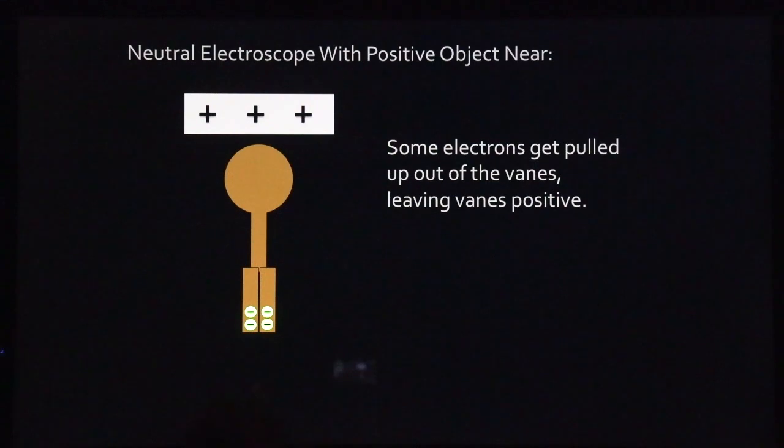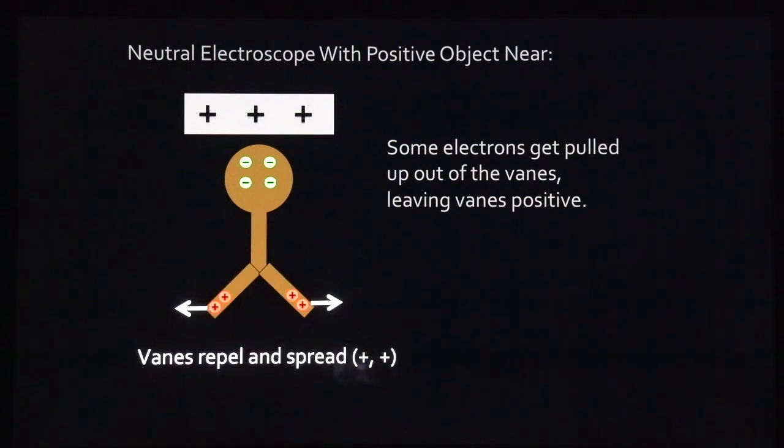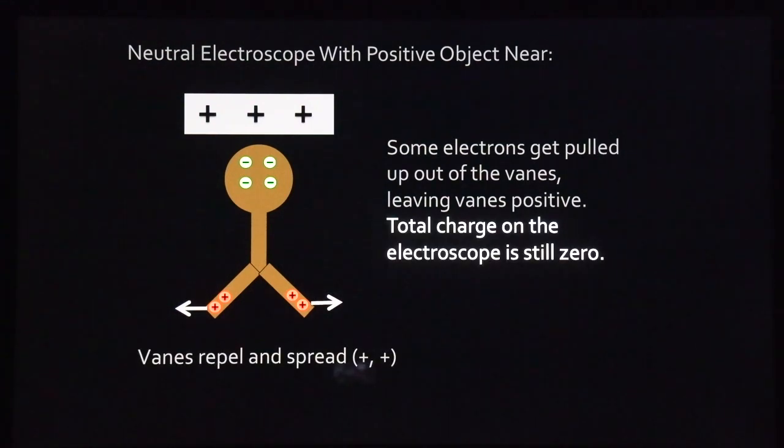So here we are, the 4 electrons leaving the 4 protons. What happens as a result, now notice there's positive, positive near each other. That makes the vanes spring apart. The vanes repel because they're both positive. But an important point, if this comes up on the test, notice that the total charge on the electroscope is still 0.